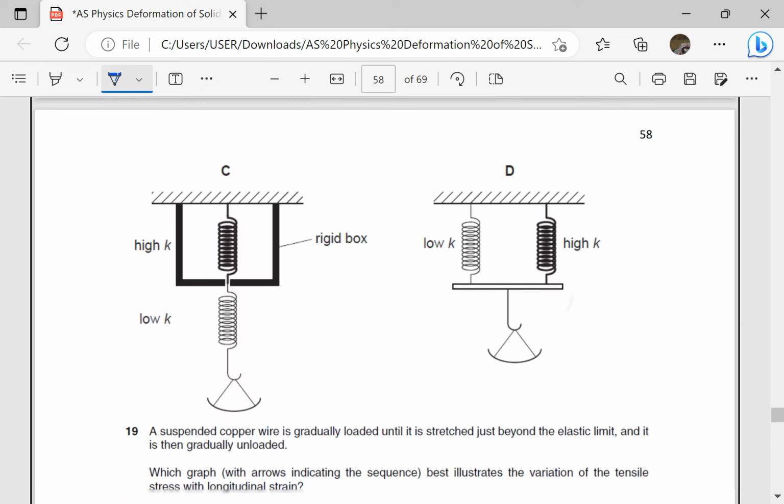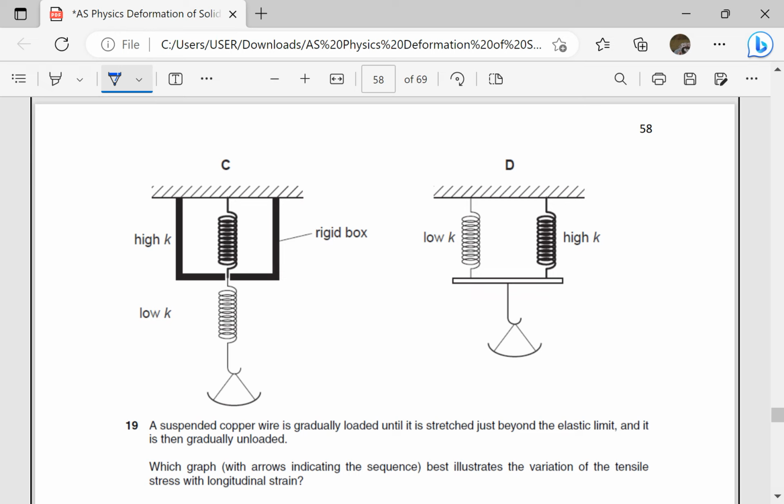And let's check here. Of course, this one is automatically out because it is almost the same as the other one. The rigid box is just preventing the spring inside here from overstretching. So this means it already has a high constant and does not stretch easily. So if I put small masses here, it will not be very sensitive.